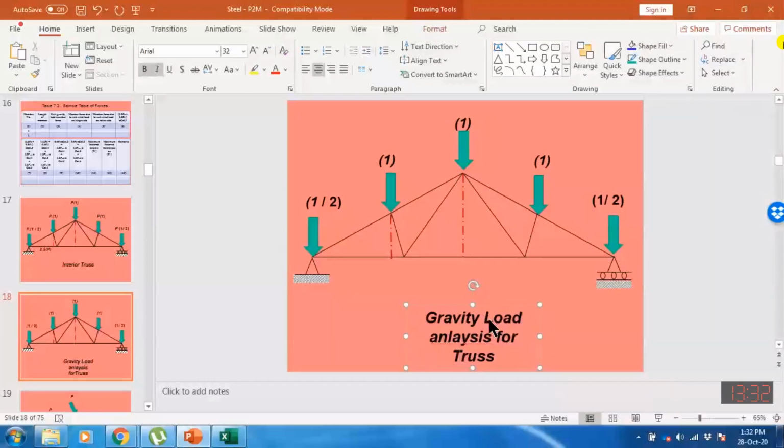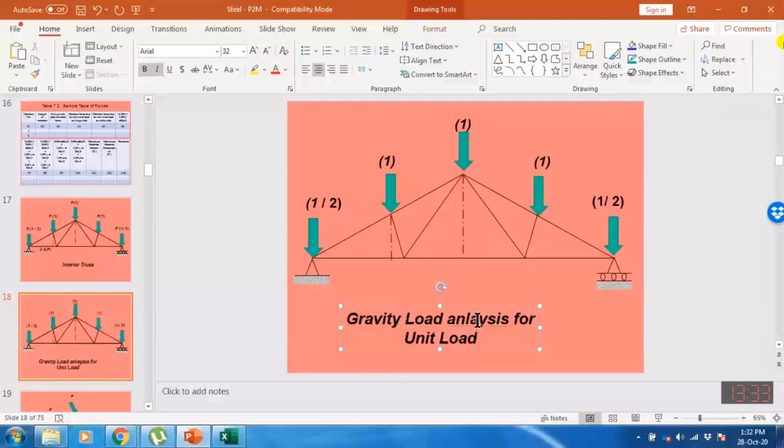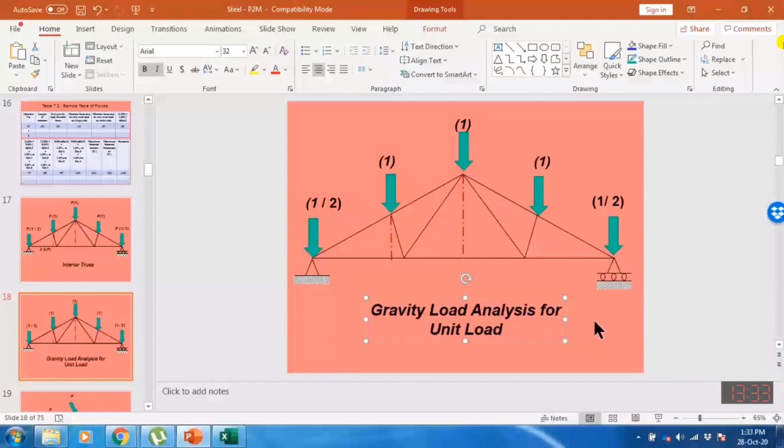So how can you perform this analysis if you are given the truss? The truss that you will be given may have many members, maybe more than 20, maybe 25. So you can use any software, such as STAAD or ETABS, or there are many free online software available on the internet. Just Google it, write free truss analysis software online.